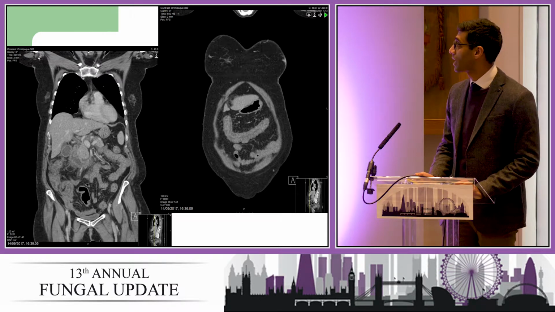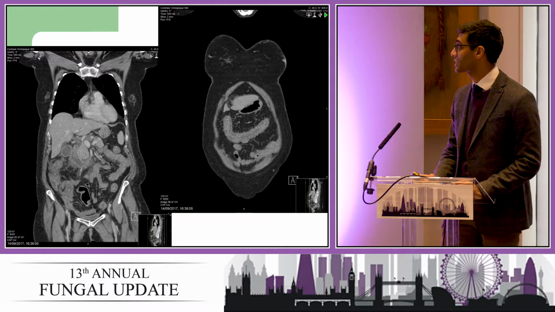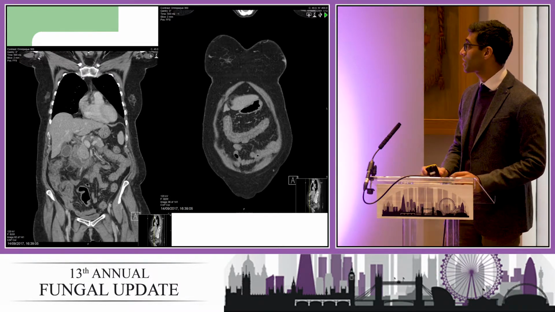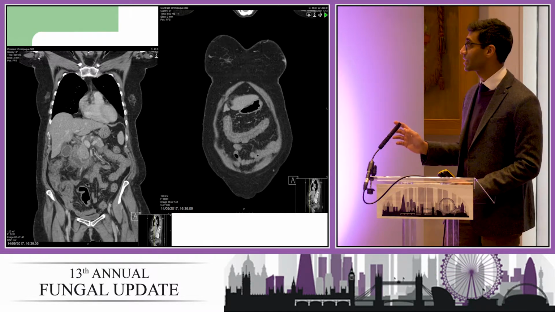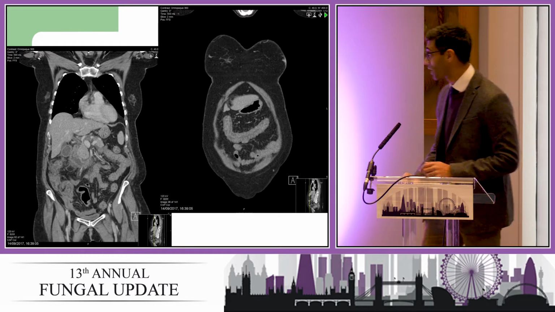So this is an example of a patient. These are 2 coronal slices of a patient that had acute graft versus host disease. And what I'd like to demonstrate here is the discontinuous segments that have been affected. And that's typically seen in acute graft versus host disease in the GI tract. So in the first picture, I'll just move over, the laser's not working.